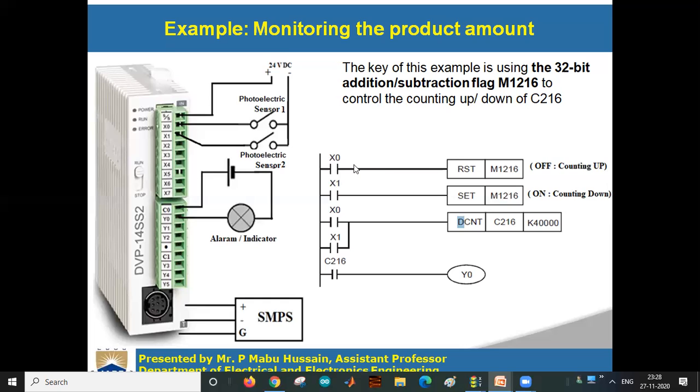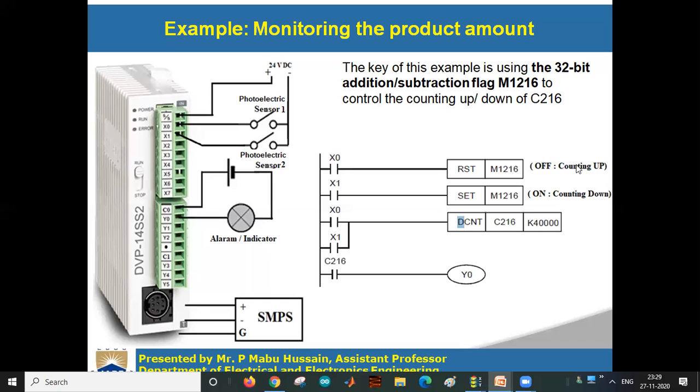Okay, like that. See here, you are going to use two photoelectric sensors, these are X0 and X1. As per this program, when X0 is on, that means the photoelectric sensor is on, M1216 will be off. It will be reset, in the sense off. So your counter value will count up by 1.